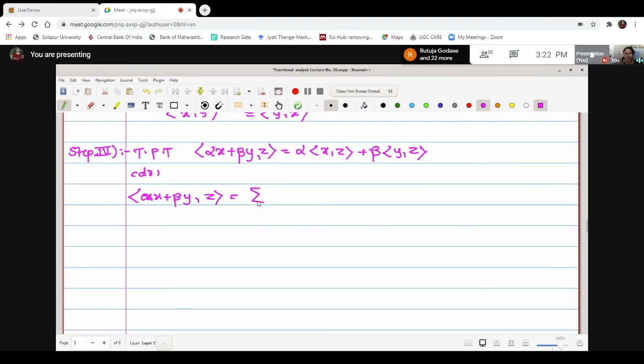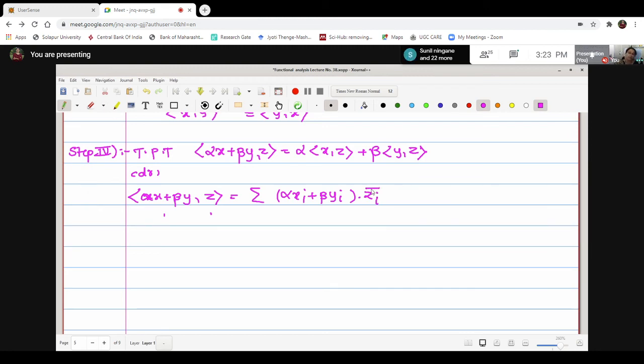According to the definition, we should consider the ith coordinate of the first vector into the conjugate of the ith coordinate of the second vector. What is the ith coordinate of the first vector? Here, alpha and beta are fixed scalars. Therefore, the ith coordinate is written as alpha xi plus beta yi. Is that fine? Into the conjugate of the ith coordinate of the second vector.